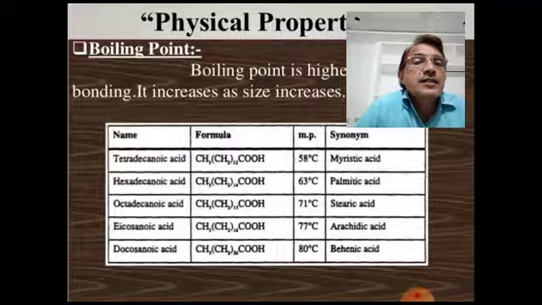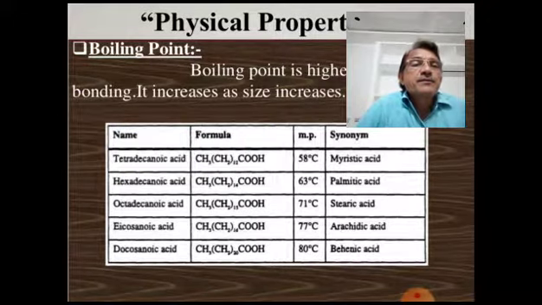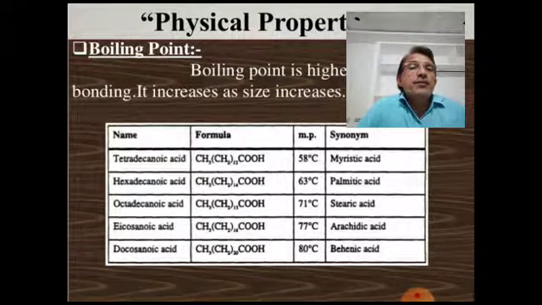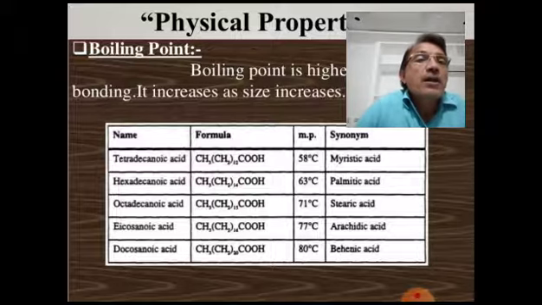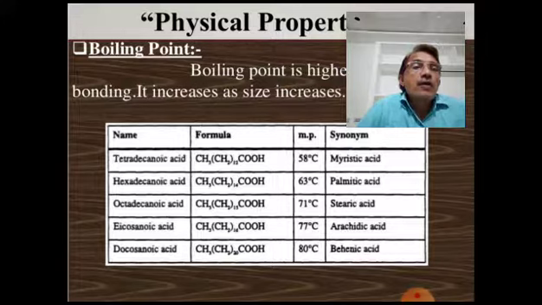Docosanoic acid, 80 degrees centigrade, behenic acid. If you observe these values, actually they are not melting points, wrongly it is printed as melting point; they are boiling points, and they are continuously increasing.